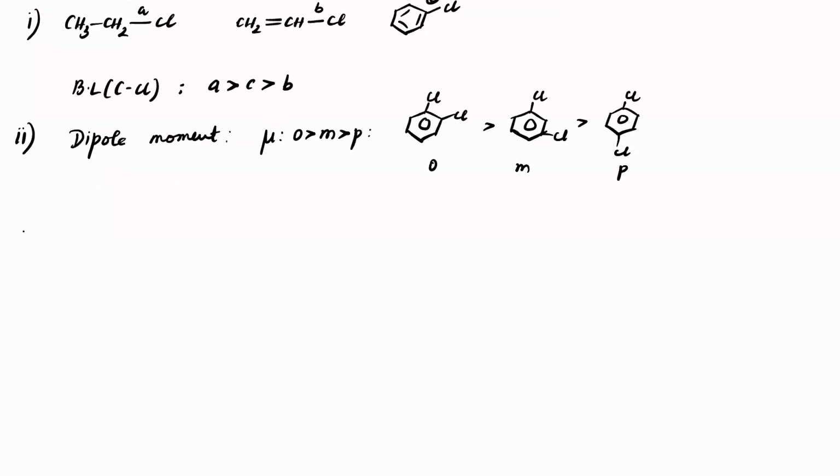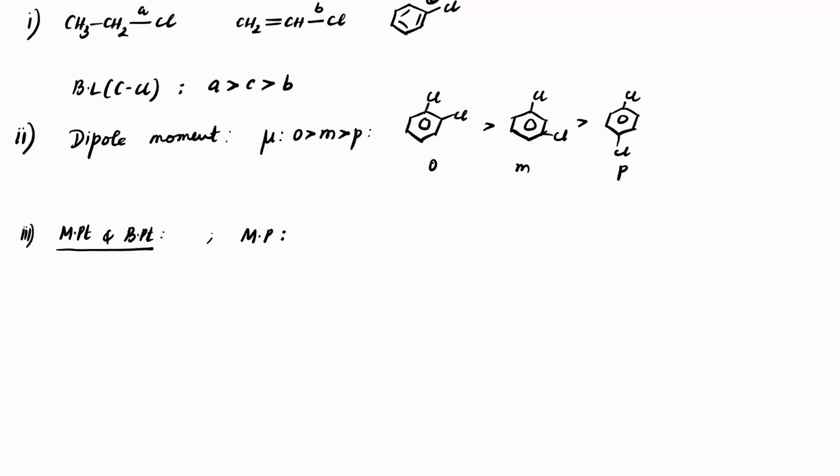Third one is about melting point and boiling point. When it comes to melting point, obviously the geometry and how well it is stacked, how symmetrical it looks, makes more sense.